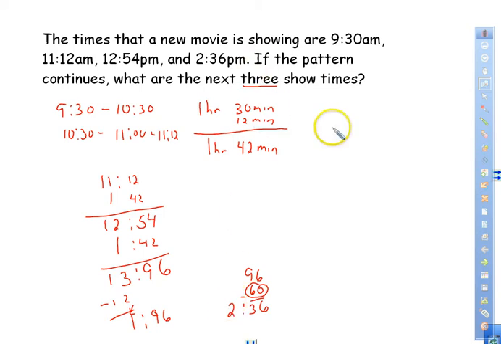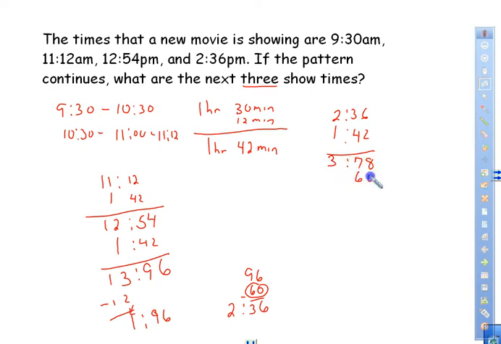So now we've got to find the next 3. If we take 2:36 and add 1 hour, 42 minutes, we get 8 and 7, and then 3. Again, we cannot have more than 60 minutes here. If we get a group of 60, it's 1 whole hour, so 59 minutes or less can stay.